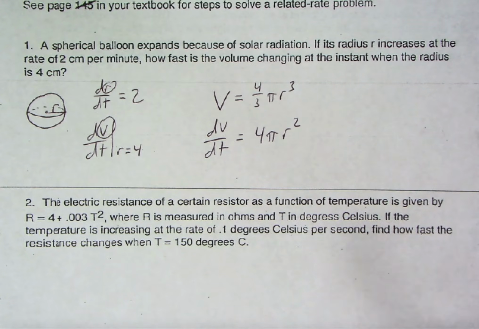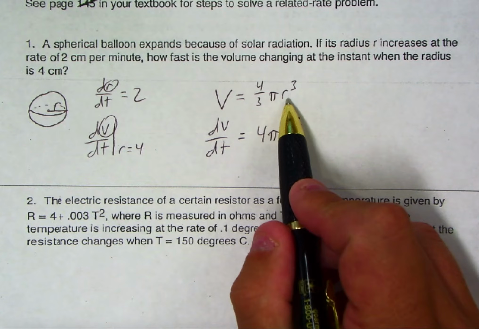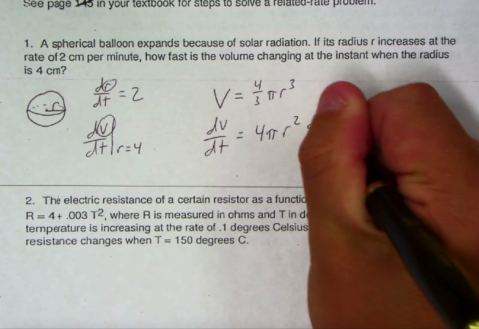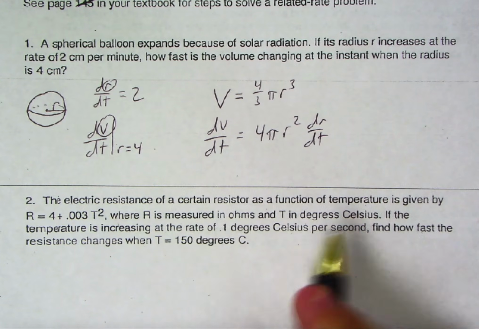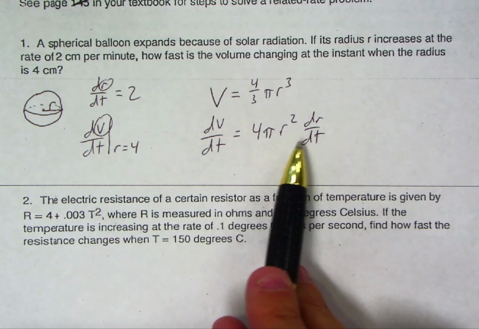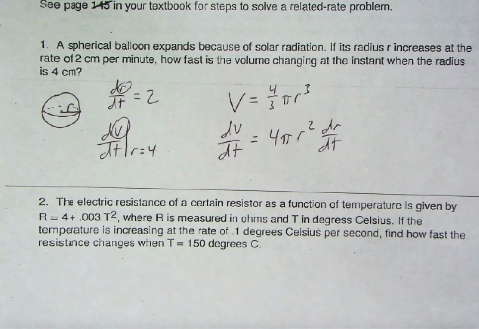But remember, with implicit differentiation, when you differentiate with respect to x, you differentiate it and then you put dy/dx. Well, here we just differentiated r with respect to time. So we put dr/dt behind it. So this is kind of the most important part of related rates: after you differentiate, you put d whatever dt.